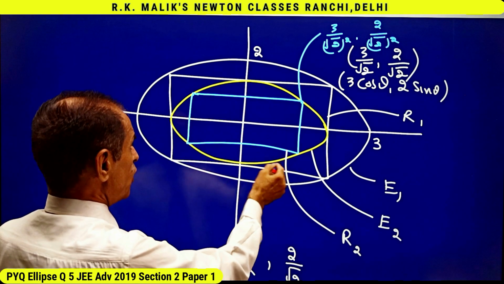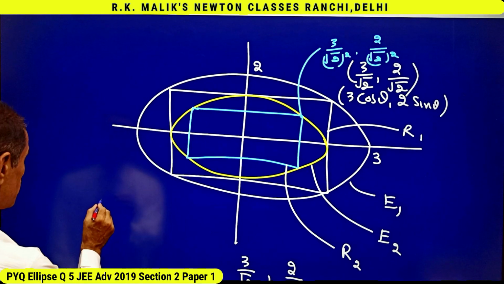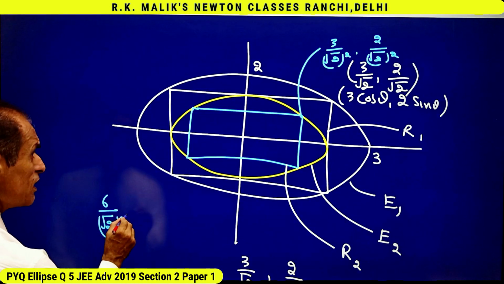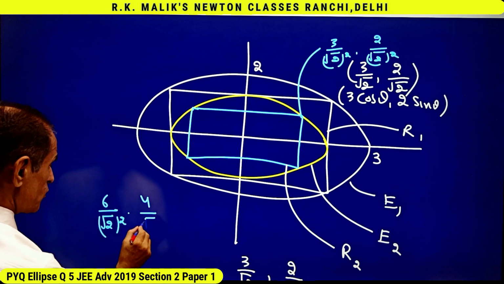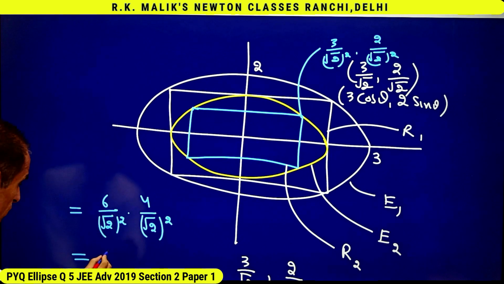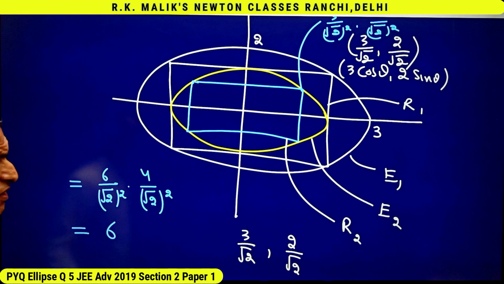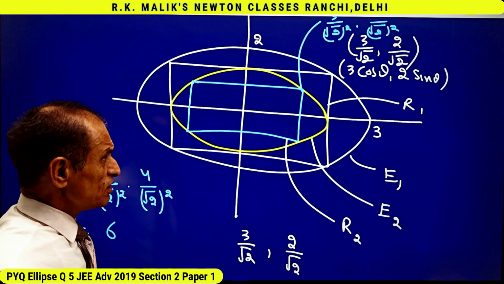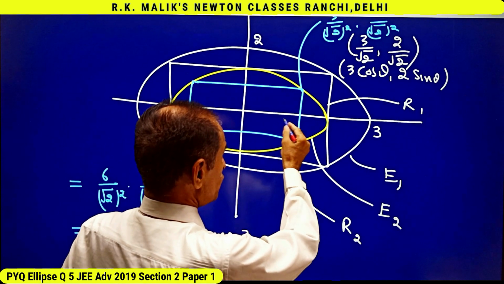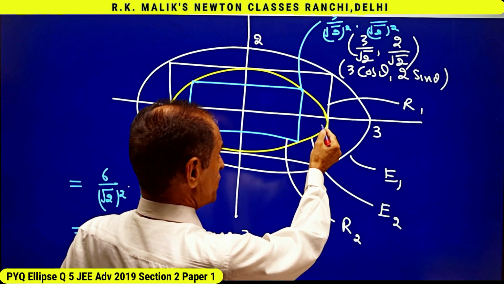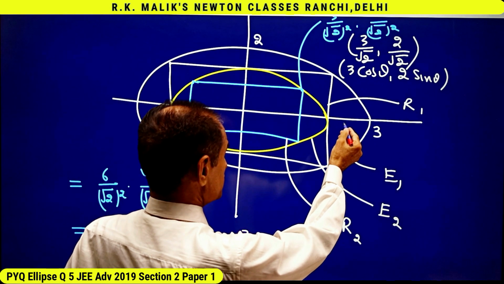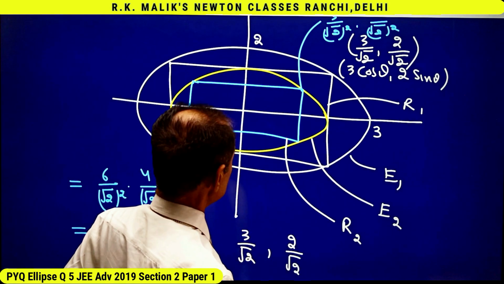Hence, the area of this rectangle will become 6 by root 2 square into 4 by root 2 square. Therefore, now the area will be 6. Hence, you can easily conclude that for every inscribed ellipse, the length of the semi-major axis becomes 1 by root 2 times the length of the semi-major axis of the previous one.